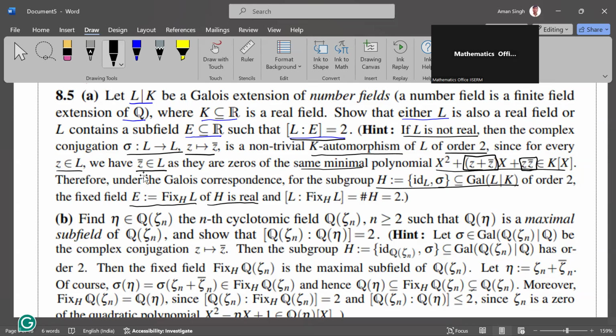Real means why? Because complex conjugation fixes only real numbers inside the complex numbers. So this E should be a subset of the real numbers. And as usual, by Galois correspondence, the degree of the extension is equal to the order of H, which is equal to 2.